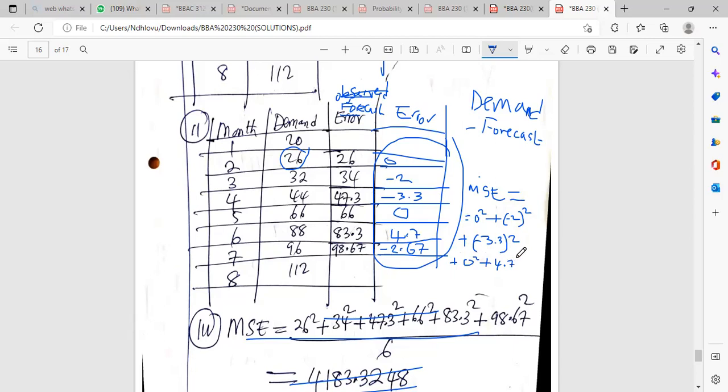All these squares, so this one, there is no need to account for.